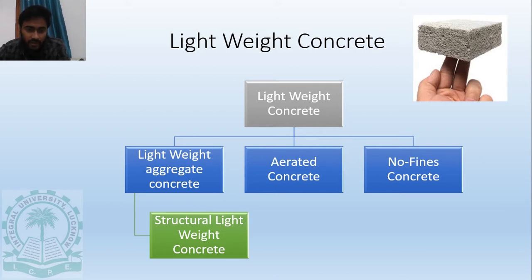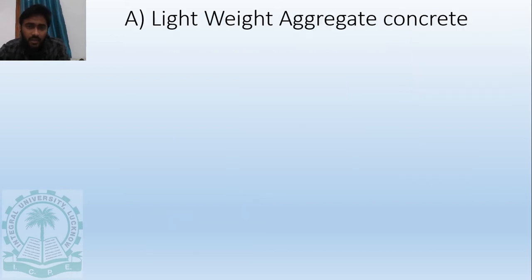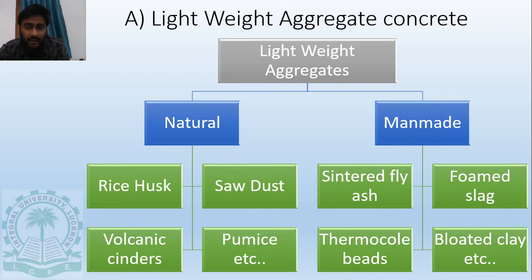Further, lightweight aggregate concrete has a subcategory called structural lightweight concrete, which I will discuss in the next slide. Lightweight concrete is manufactured using lightweight aggregates, which are of two types. The first one is natural, and the second one is man-made.